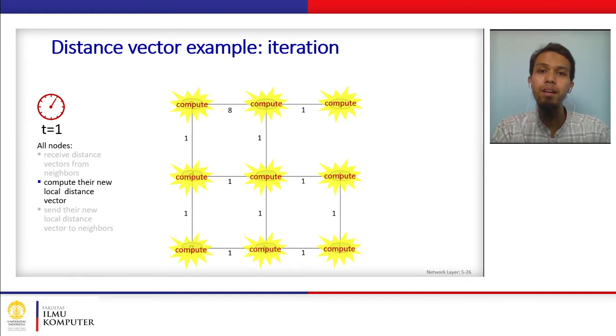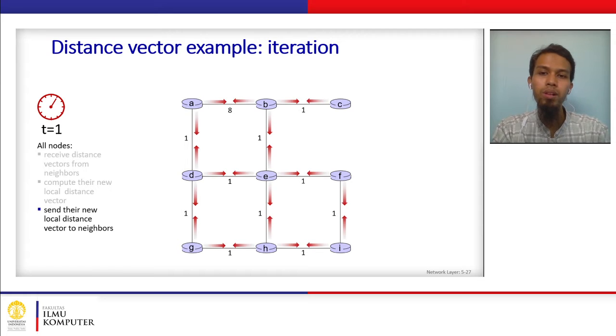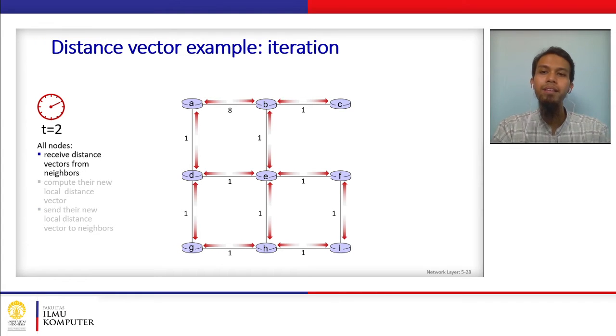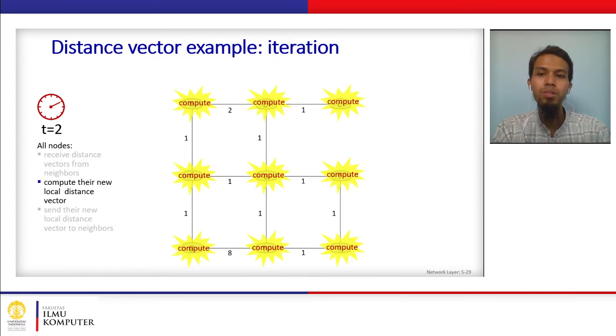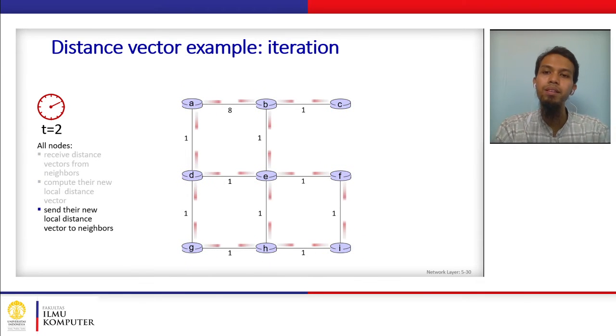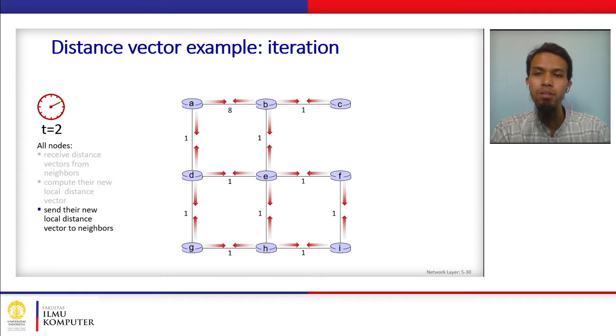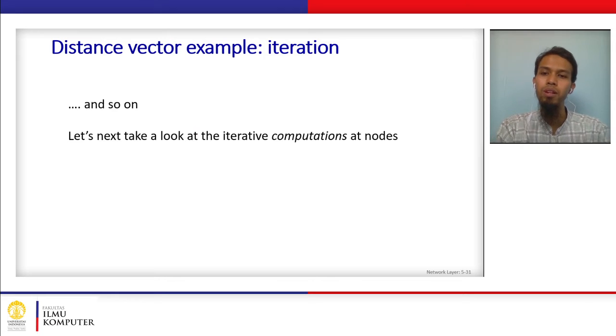If there's any change, and most probably there will be, each node will again broadcast the new distance vector to its neighbors. This process happens again in the second iteration: all the nodes receive the updates of distance vectors from their neighbors, compute the new distance vector, and again notify the neighbors about the updates of their local distance vector, and this process goes on and on.